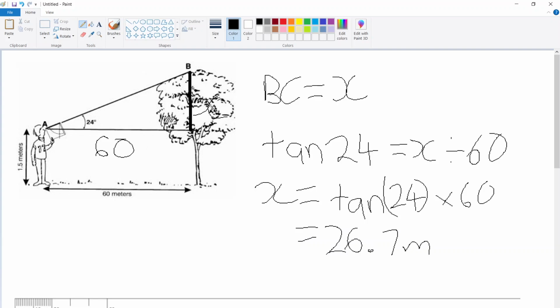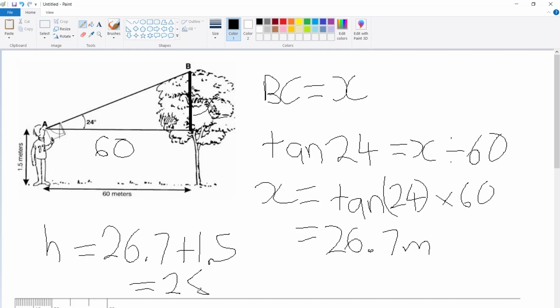Well, not quite, because remember she's standing 1.5 meters high. So to work out the height, we need to add that on. So that would be 26.7 plus 1.5 equals, you would have 28.2 meters.